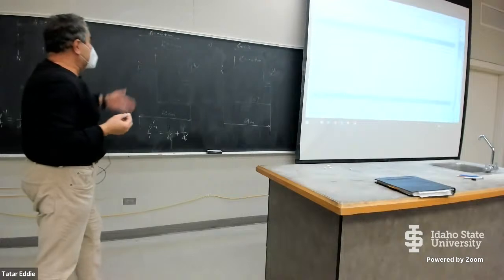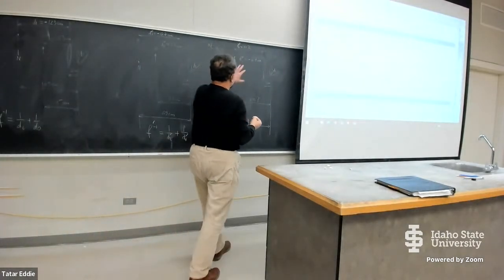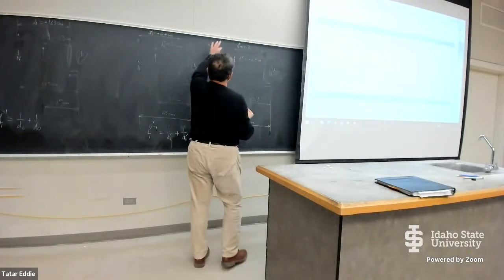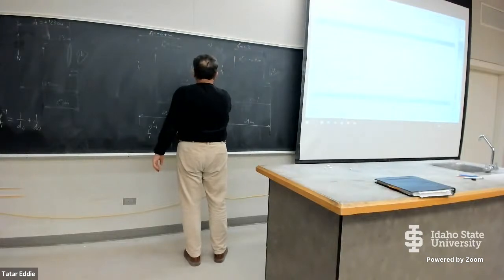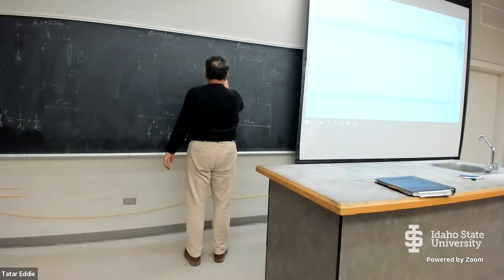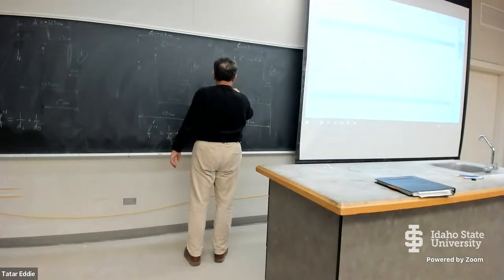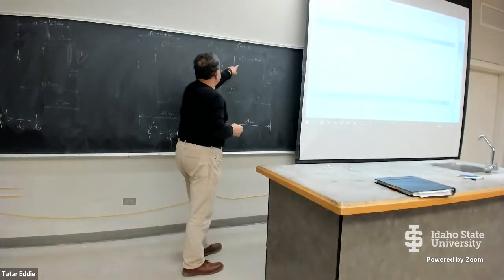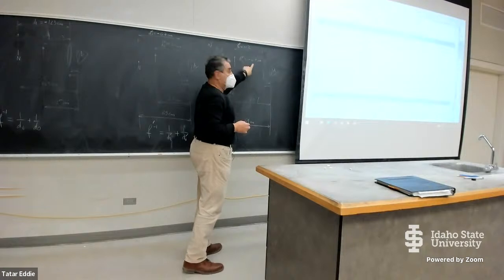Once you have this diagram, you just say that the focal length is known. You're looking for DO double prime. So you say 1 over DO double prime is equal to 1 over F minus 1 over DI double prime. DI double prime is negative 67.